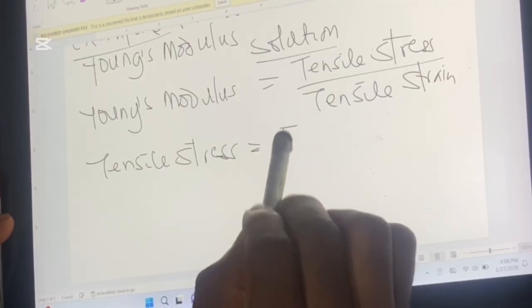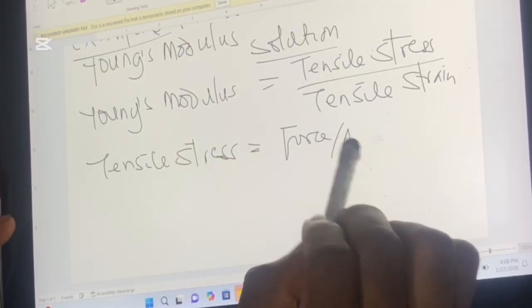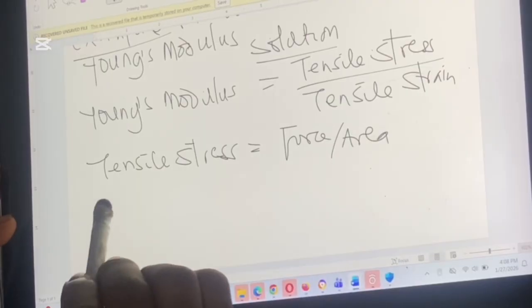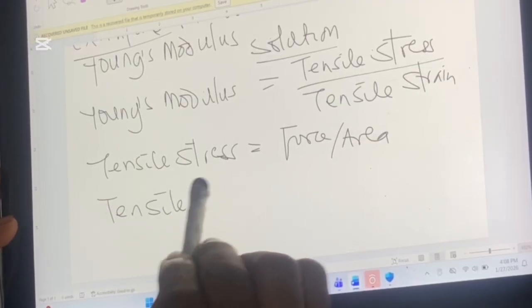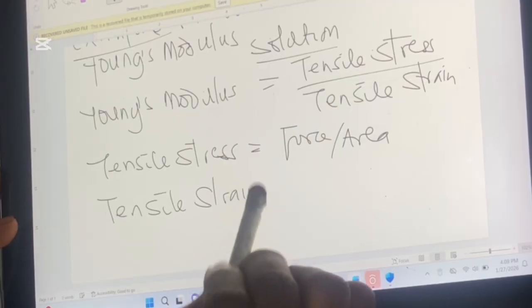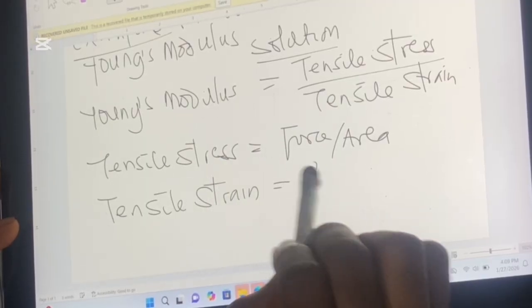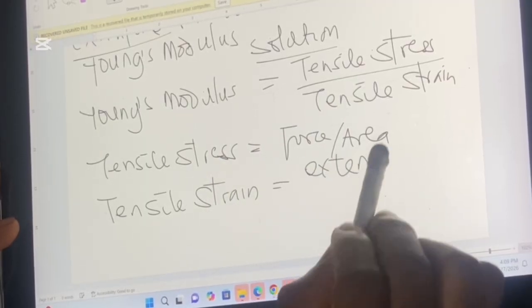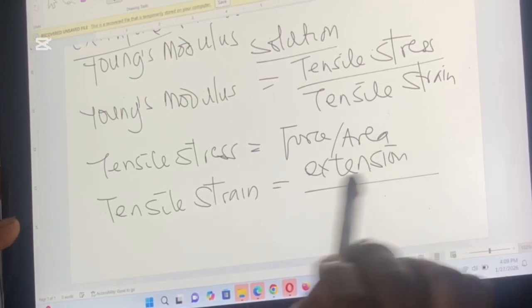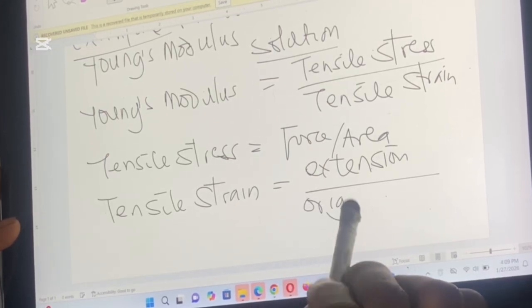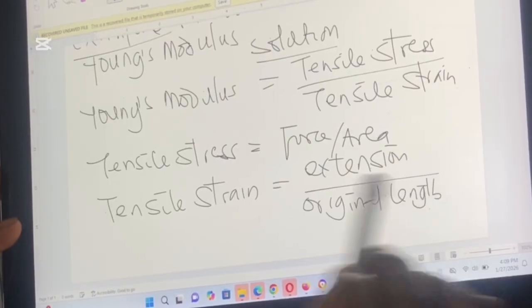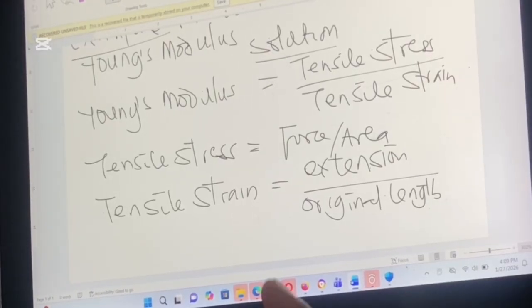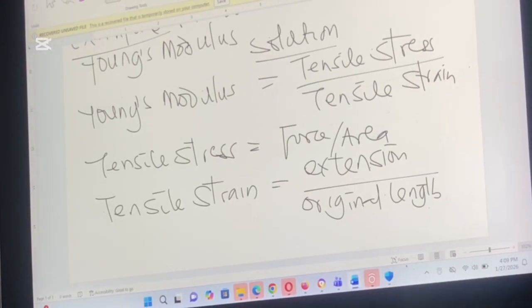So class, the formula for tensile stress is equal to force over area, and the formula for tensile strain is equal to extension over original length. The formula for tensile stress is force over area.